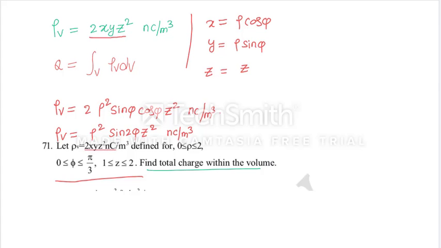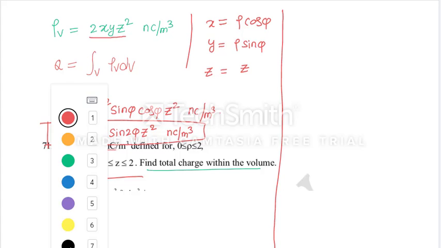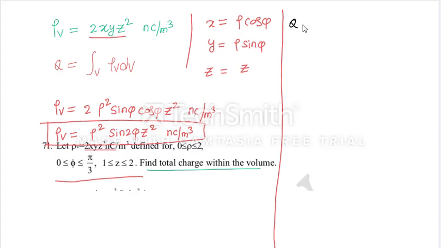Like this. Now this rho v is in the cylindrical system, and the limits are also cylindrical, so we can do the integrations. The total charge Q is the volume integration of rho v, which is rho square sin 2 phi z square into dv.